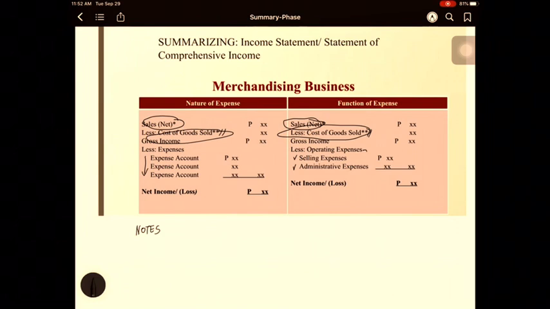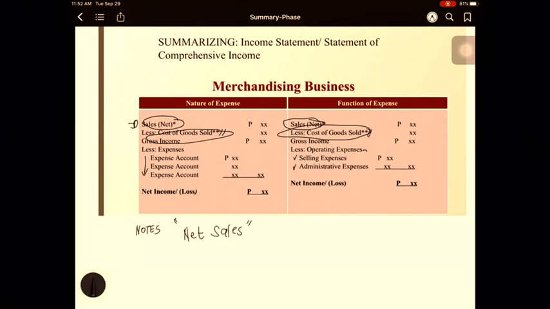So we have to take note on how to compute for the net sales. Take note that the sales that must be reflected under the income statement must already be the net sales, so there is a way on how to determine your net sales.